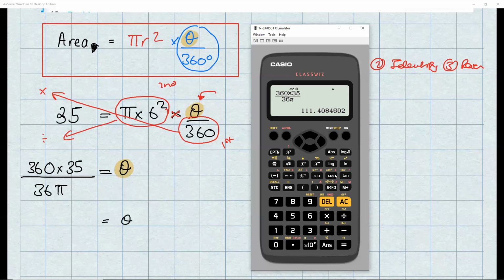Right. So theta is equal to what? 111.5. 0.408460. Now, remember one thing, because this calculation is needed to work out the main calculation: you must not round here at all.